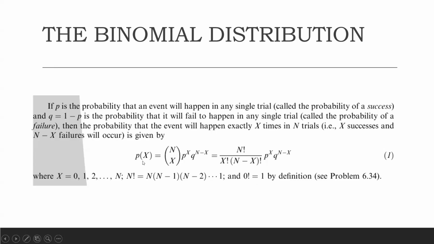Here, x is the success time, out of n trials. P is the success probability. Q is the failure probability. Then by using this formula, you can calculate the entire probability.